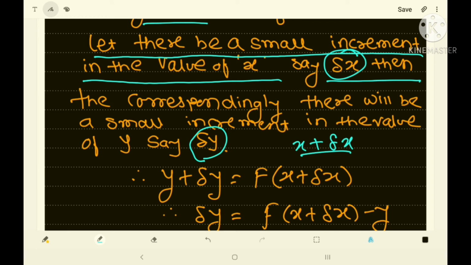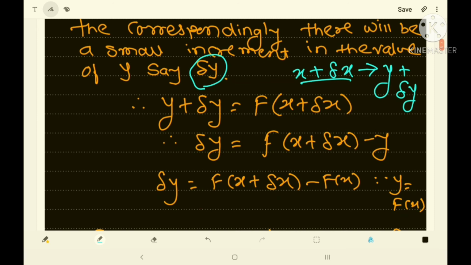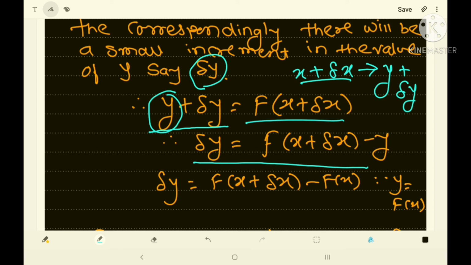If I am going to increase my x by delta x, correspondingly my y also will be increased from y to y plus delta y. So if I have y plus delta y, then it means that I have this term. Got it? And if y plus delta y equals f of x plus delta x, then can I move this y towards the right hand side? Then I got this. Now we know that y is nothing but f of x, so substitute your value here.